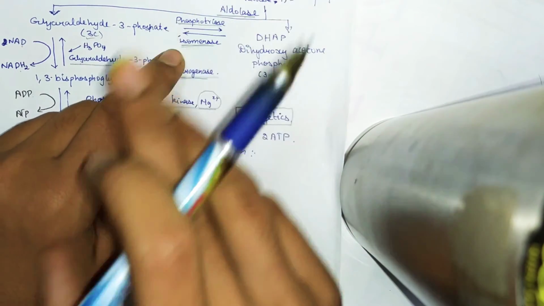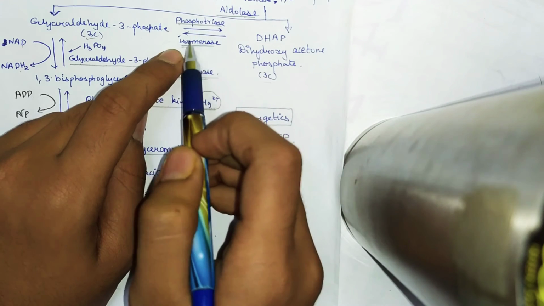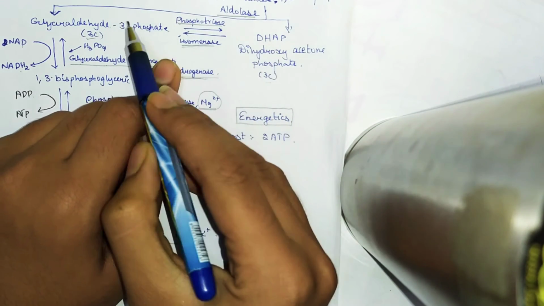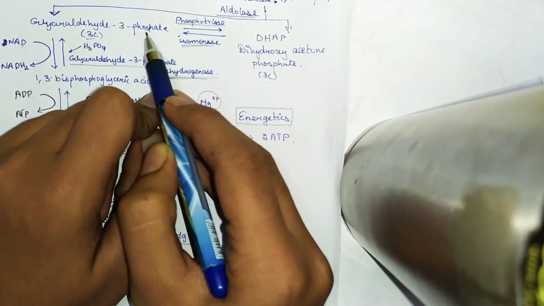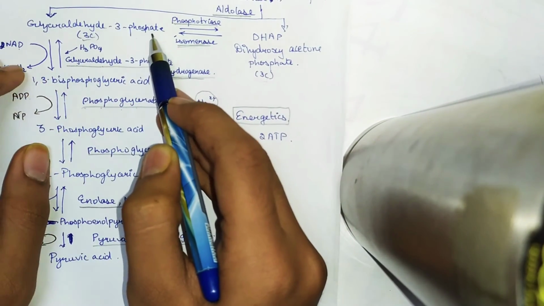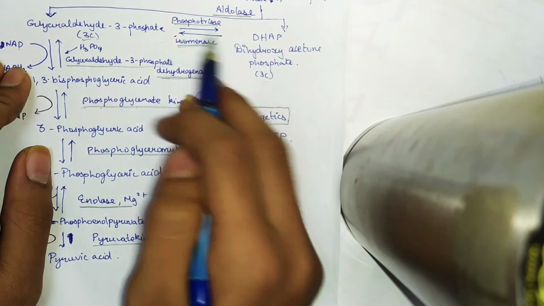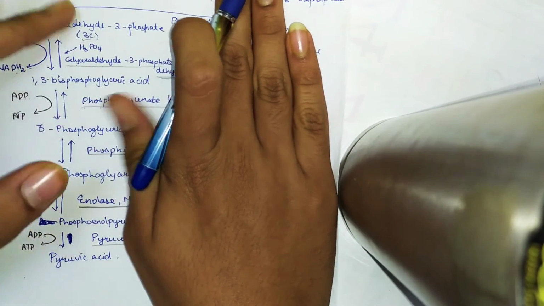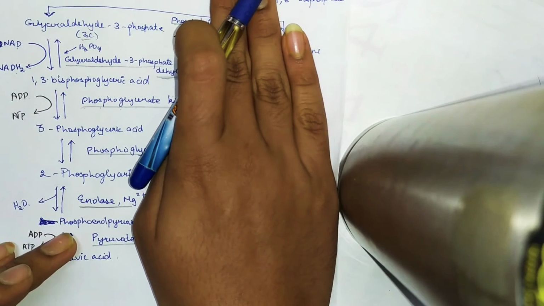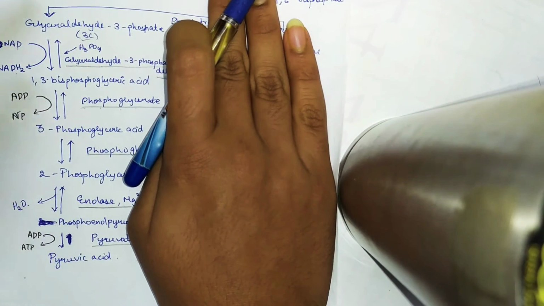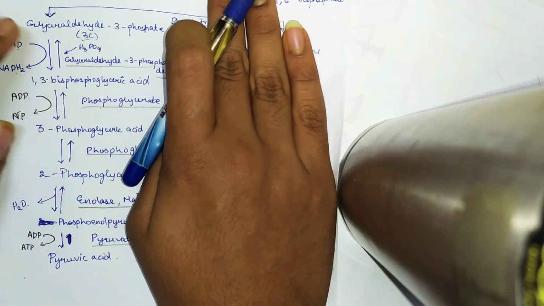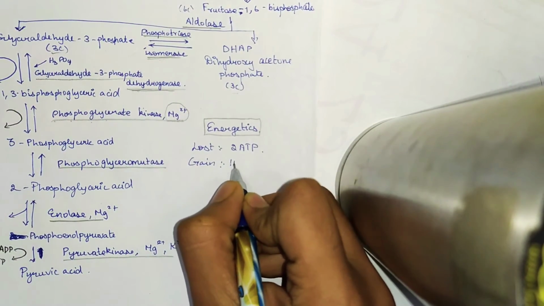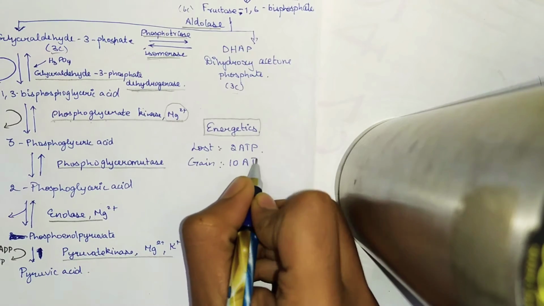Now due to phosphotriose isomerase, this DHAP may also be converted to G3P, glyceraldehyde 3-phosphate, right? So when this is also converted, again there's a repetition of this process. So again we are going to end up with 5 ATP. So 5 plus 5 is going to be 10 ATP. So gain is not 5 ATP but it is 10 ATP.